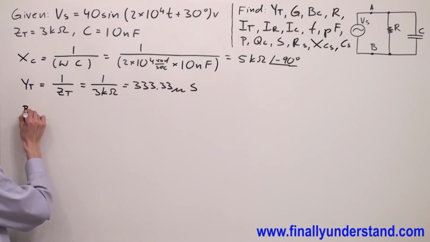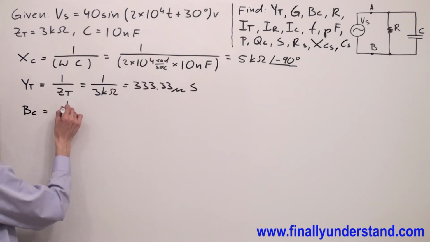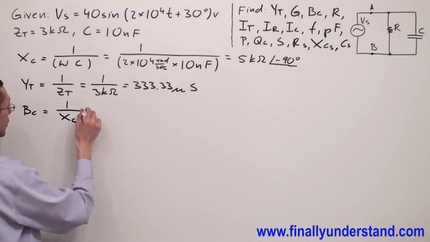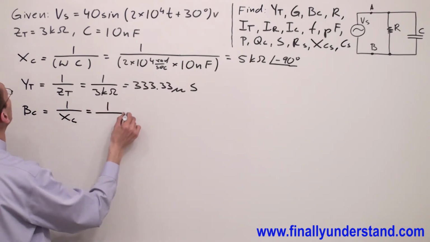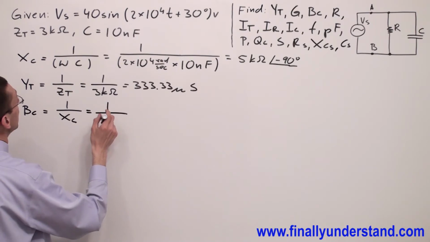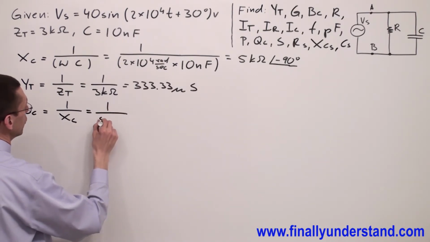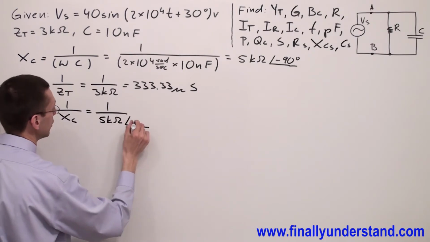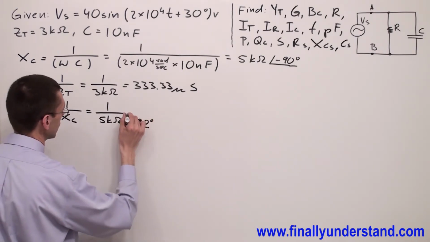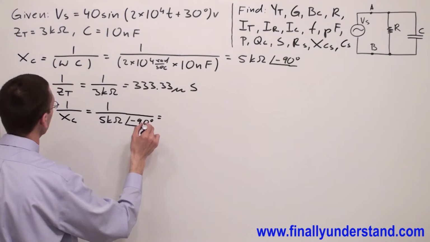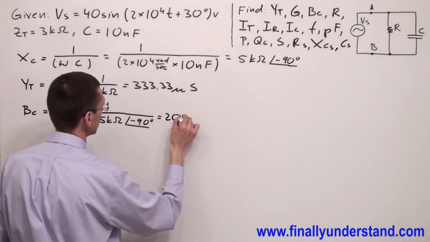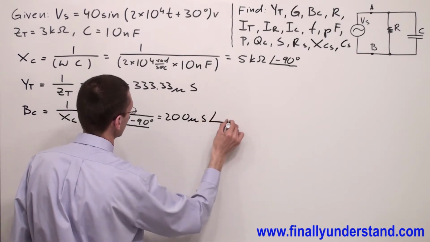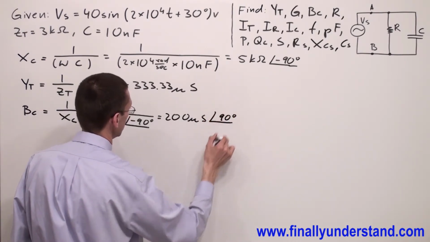So I have BC equals 1 over X of C, which is equal to 1 divided by X of C, 5 kilo ohms, and angle of negative 90 degrees. This is equal to 200 microsiemens and angle of 90 degrees.